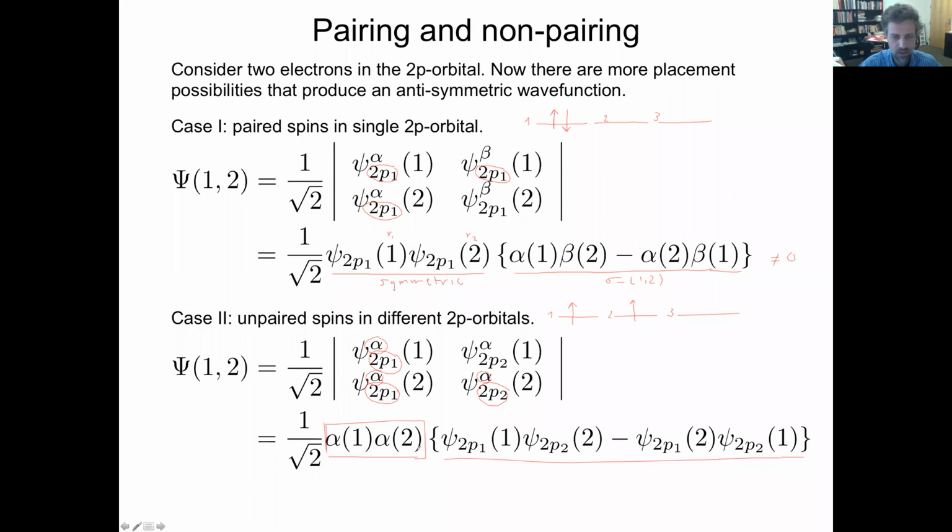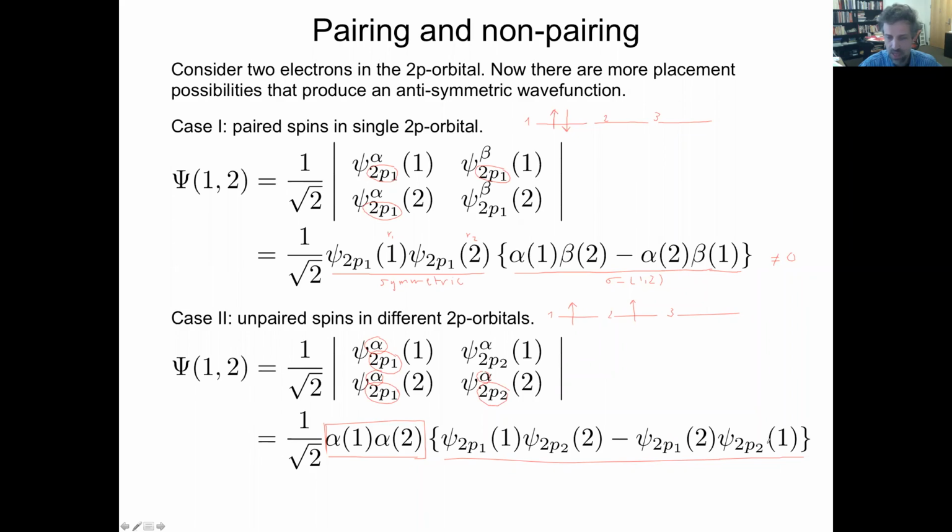Alpha 1, alpha 2. Now, if the overall wave function has to be antisymmetric, but the spin state is symmetric, the spin state is not going to give me the antisymmetry. So the antisymmetry must now come from the orbital state. And that's exactly what you see here in the second term. The second term is an orbital state written in a funny way, but it is definitely antisymmetric because this, first of all, is not subtracting out, doesn't give me 0.